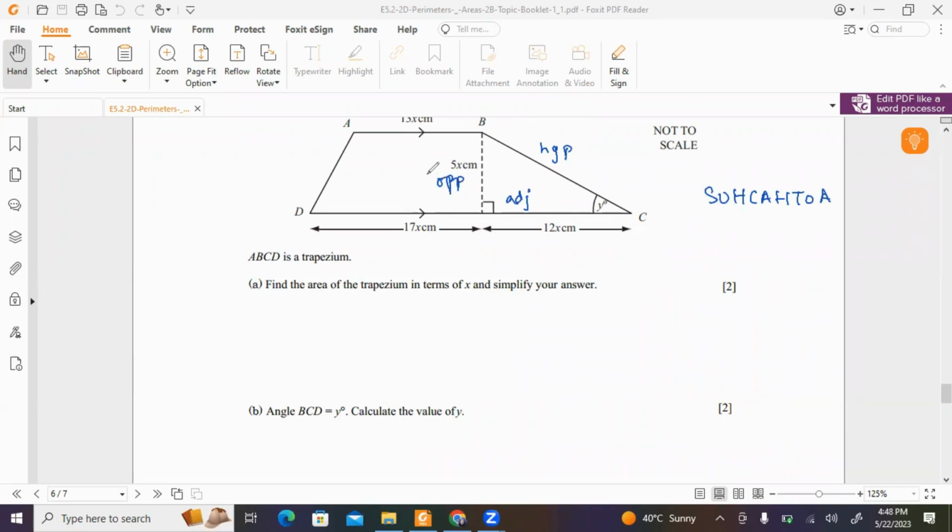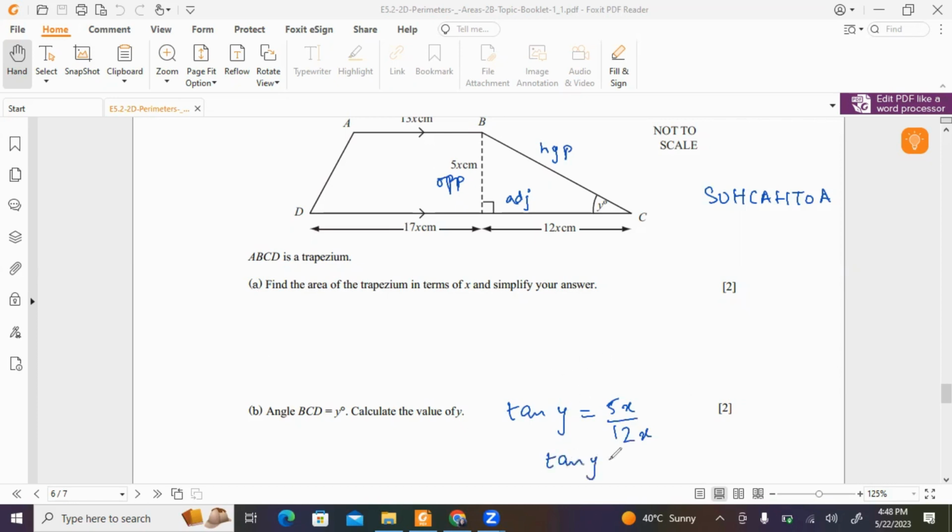So keeping that in mind, what we have is the opposite and the adjacent, so I'm going to go for tangent. Tan y equals 5x over 12x. In case you're wondering, we have two unknowns in this equation, but if you notice, 5x is divided by 12x, which means the x's get cancelled out.